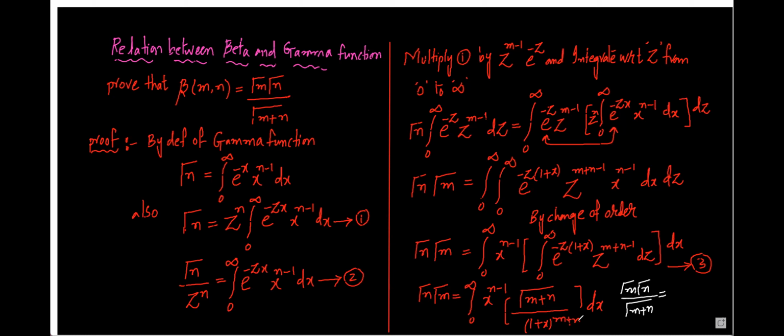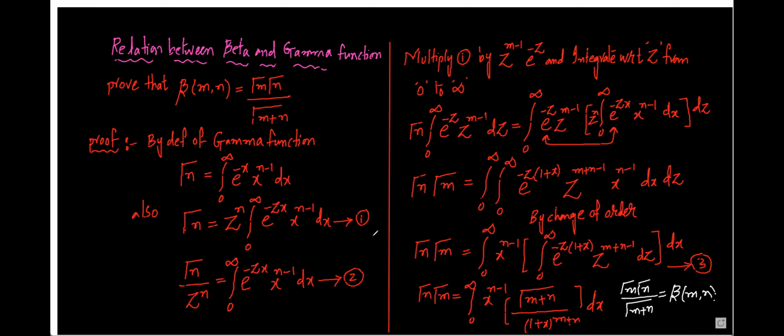Actually it is the second property of beta function. This is beta of m comma n. So like that we proved beta of m comma n is equal to gamma of m into gamma of n by gamma of m plus n. This is a very, very important relation between beta and gamma function.